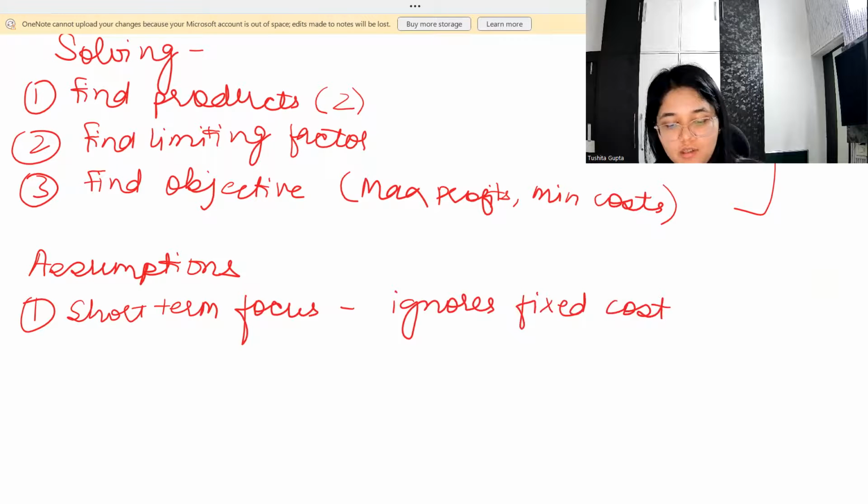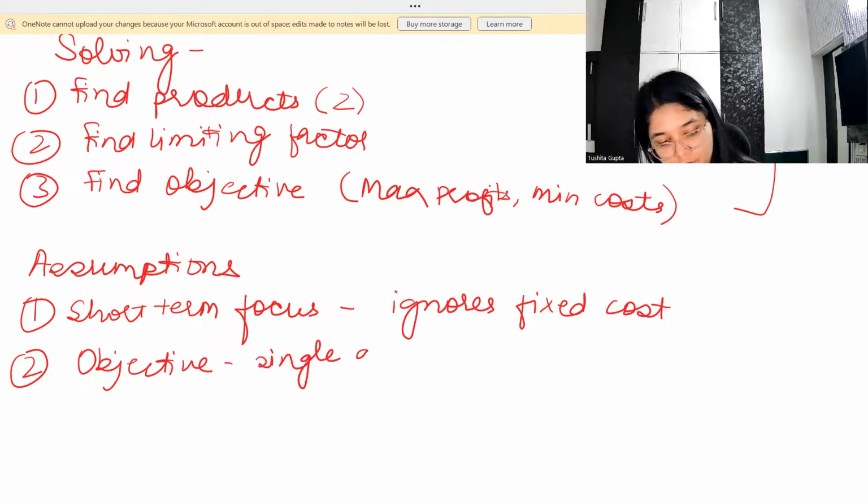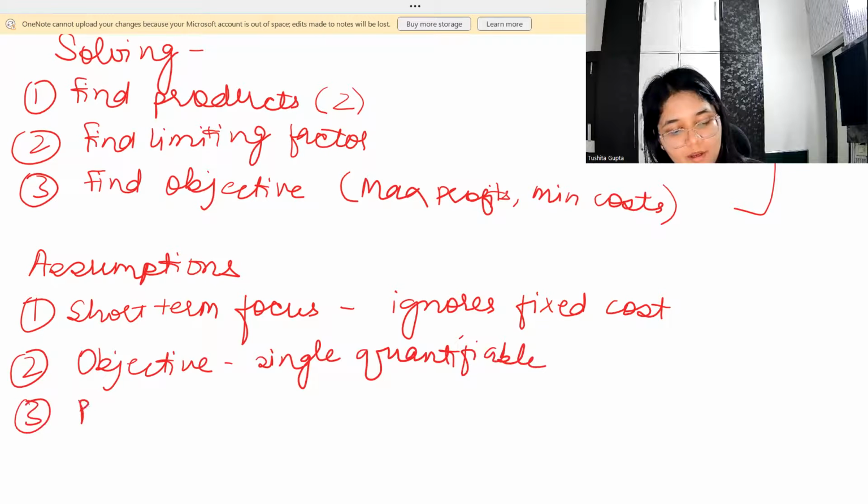Hence, the linear programming model has a short-term focus. Then another thing is that your objective, like we talked about earlier, is a single quantifiable objective. Quantifiable, just like above. And again, just like above, your products are independent.